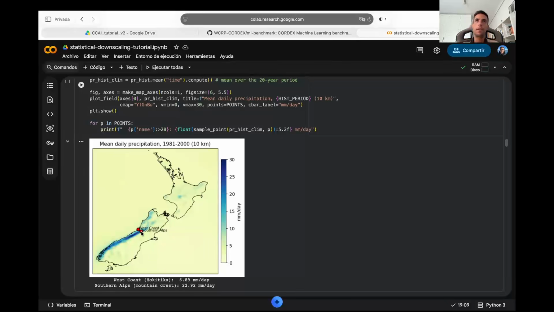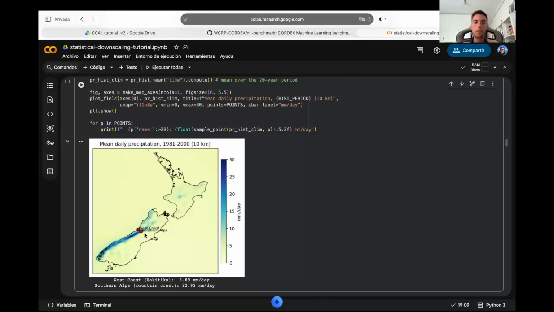Actually, I think they are 40 kilometers apart, something of that kind. We can see how the precipitation is quite different. In the West Coast point, we have 6 millimeters precipitation, whereas in the Southern Alps point, we have 22 millimeters. This is the mean precipitation for this period.